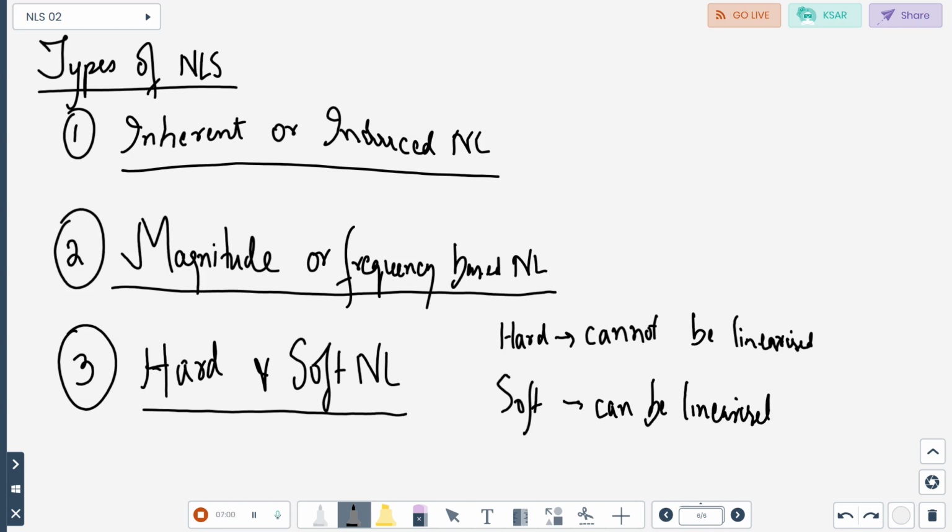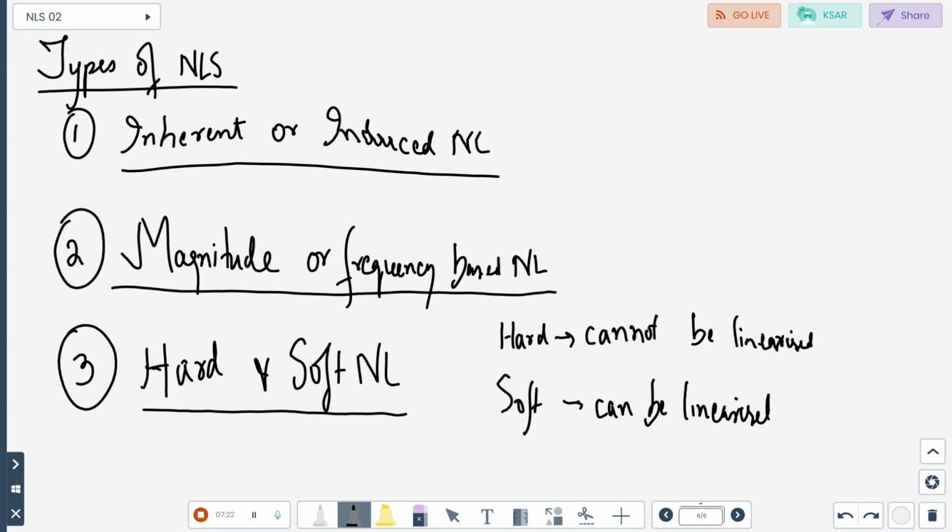So there are some nonlinear systems in which we can apply linearization approximation, and through linearization we will be able to convert the nonlinear dynamic equation into a linear dynamic equation, and thereafter go for analysis and controller design.